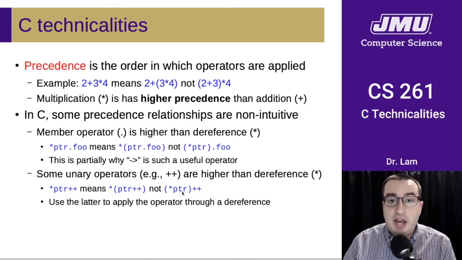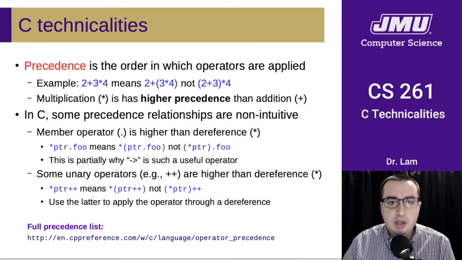So if you want to actually increment the thing that you have a pointer to, then you need to use this syntax and put the parentheses in. There's no special operator like there is for the arrow. So that's just something to keep in mind. If you're interested, there is a full precedence list for C at this reference here.